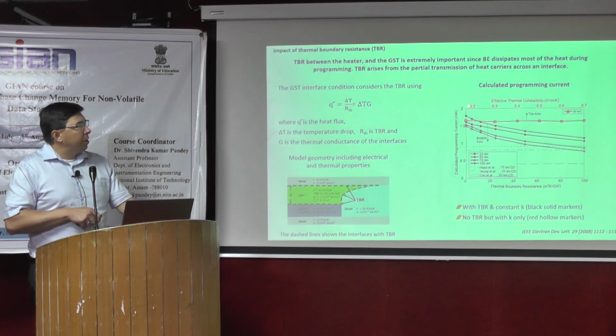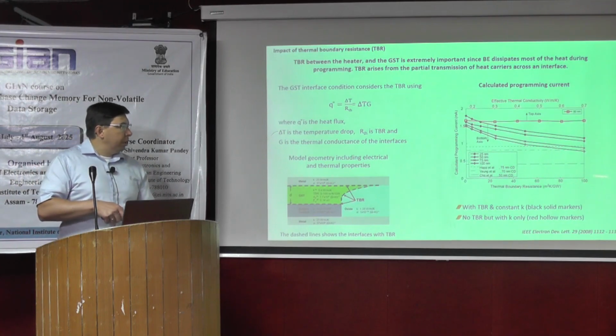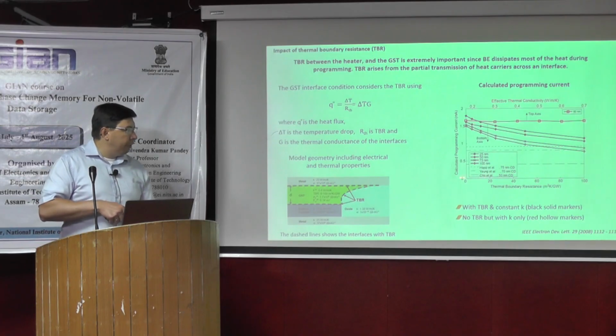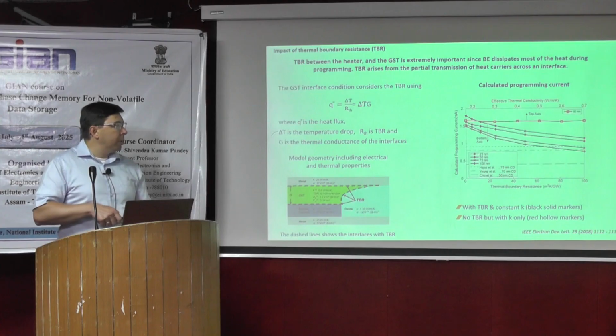Here is one example for GST without taking into account thermal boundary resistance, and this is for the cases where we take this parameter into account, with different values of thermal boundary resistance changing between 0 and 100.